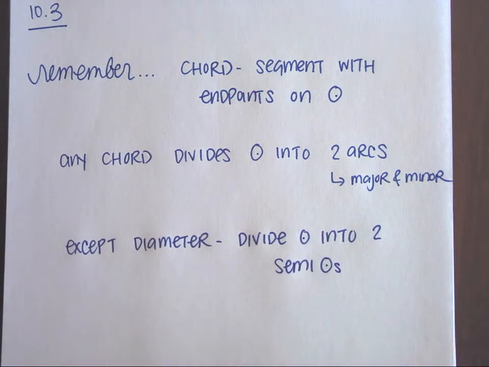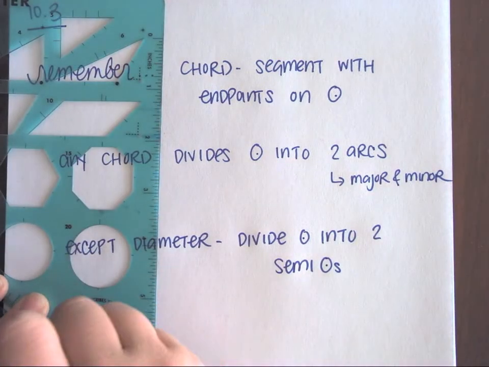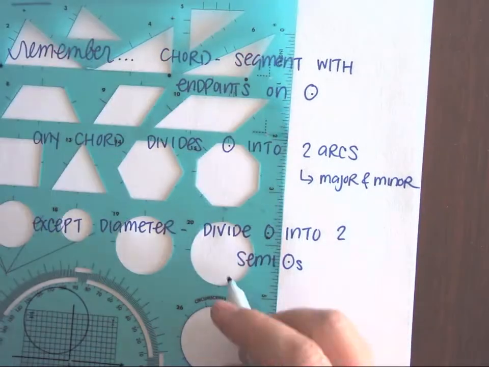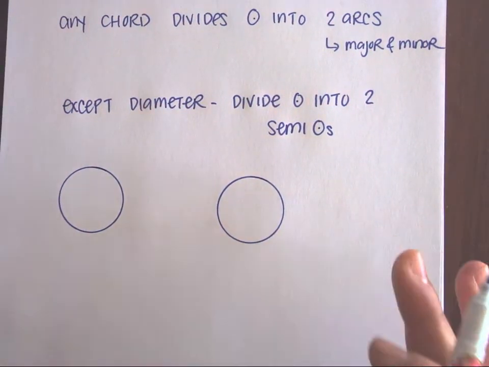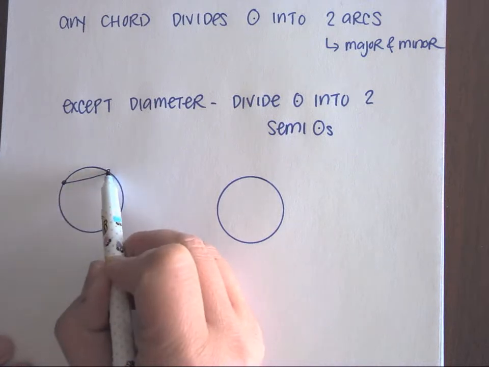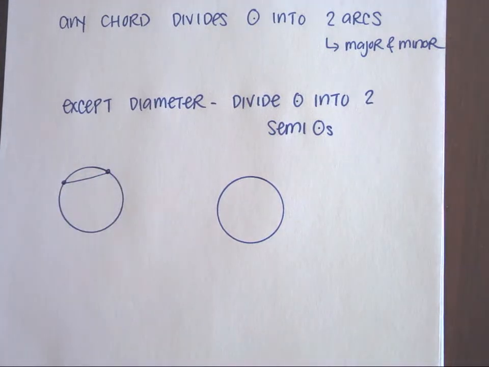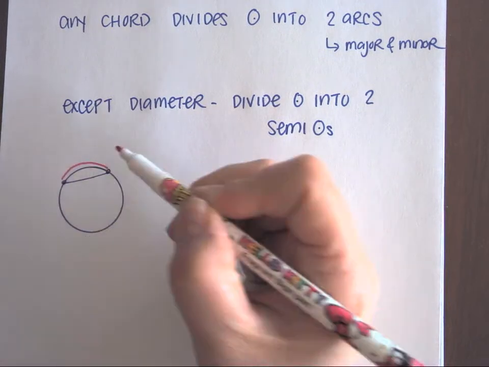So just to see what we're talking about here, let's sketch it out. Let's do two circles. One circle is to show that we have a chord, with endpoints on the circle, that divides the circle into a minor arc.